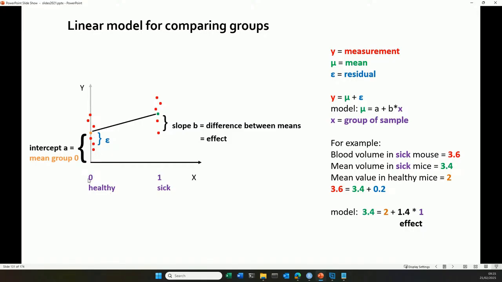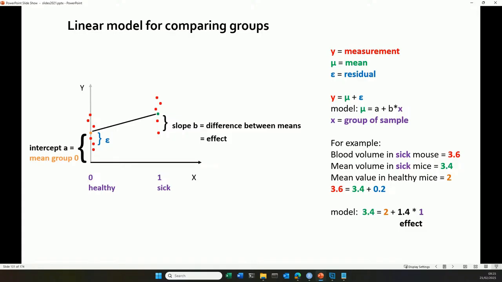So it is quite important that your first group is group number 0 and that there is a distance of 1 between your two groups along the x-axis. If there's not a distance of 1, then the slope will again not represent the difference between the two means. So this 0 and 1 is very important. It needs to be like this.